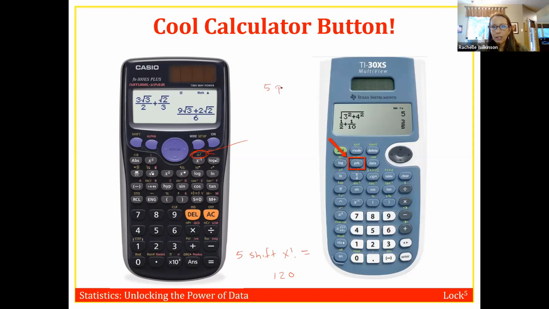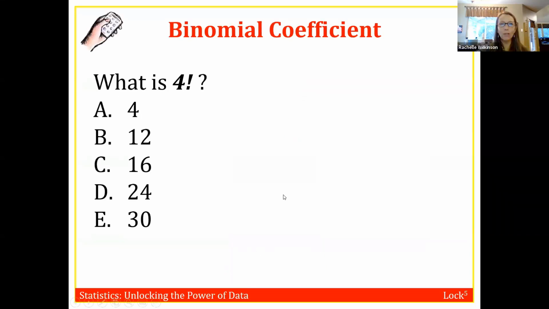Then you're going to click your probability button, and it's going to bring up a menu, and one of those is going to be the exclamation point, the factorial, and so you're going to click whichever one it goes to. I don't have a TI, so I don't have it right in front of me, but I think it's like option 3 or 4, something like that. Maybe it's even option 1. So you're going to look for wherever the exclamation point is, and then you'll hit equals, and you should also get 120. Doing factorials is super fun, and so we can figure all these out.